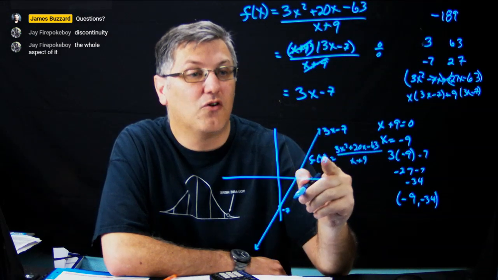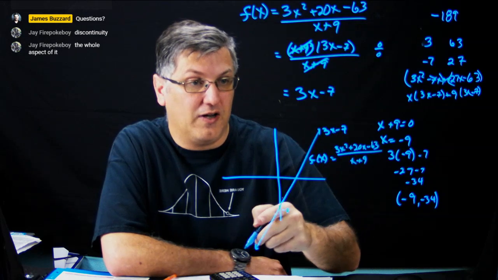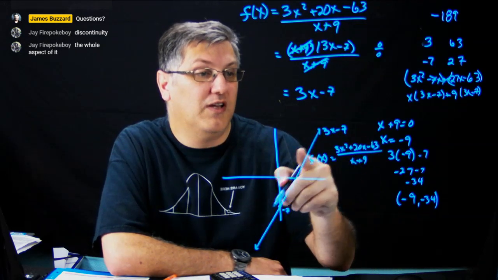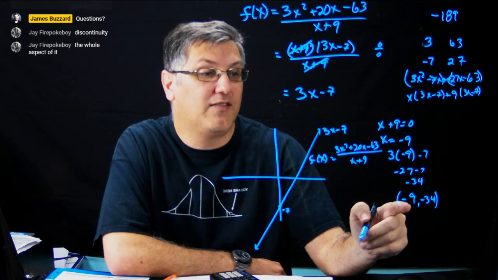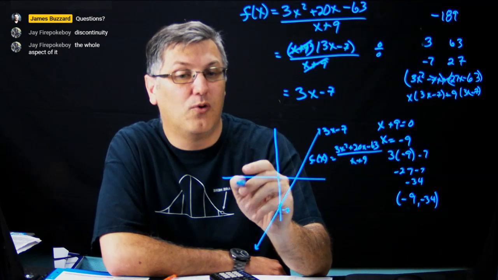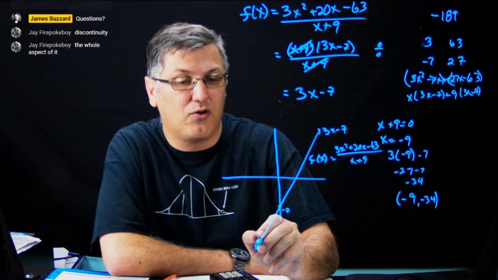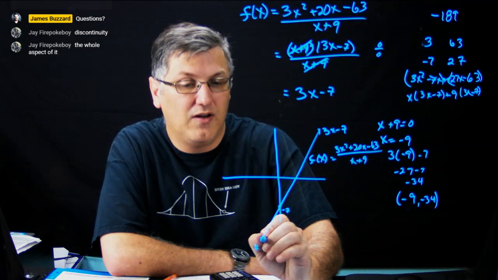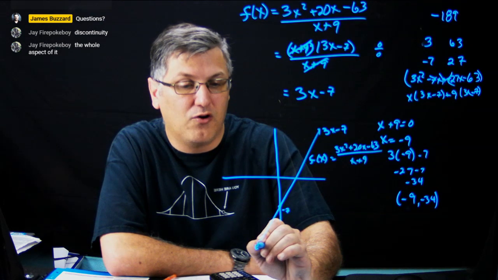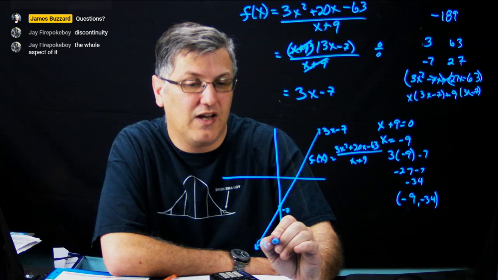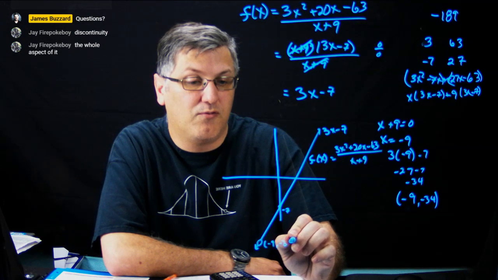All right, so the 3x minus 7 is the line, but we want the graph of this. Well, to get the graph of this, we have to take this point out. So if we're at negative 9 and negative 34, so right there, that point is negative 9, negative 34.